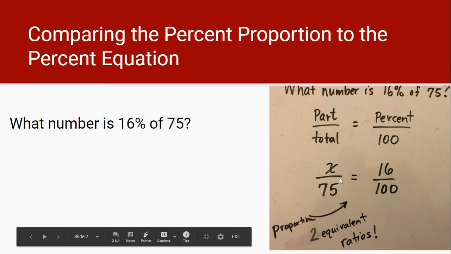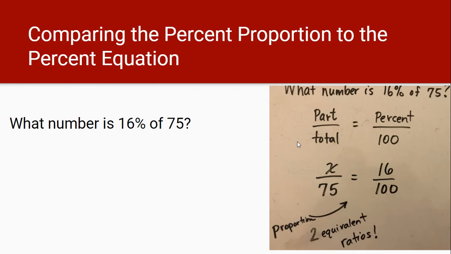Follow my cursor here as I demonstrate how your thinking should transpire with a question like this. Now, you will recall that there are three main components of a percent problem. You have part, total, and percent or percentage.